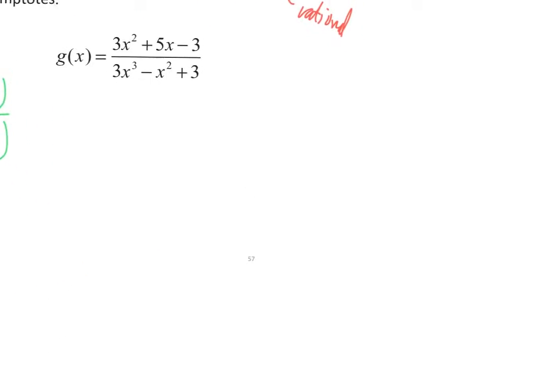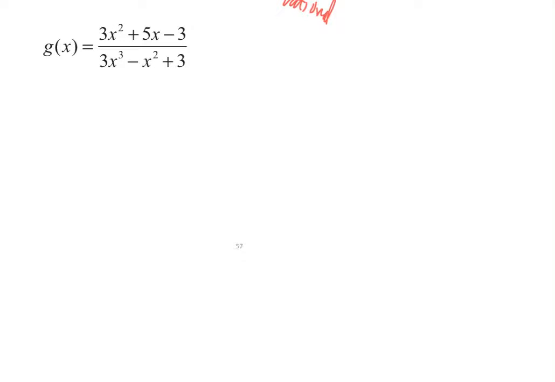What about this example? If I let x go to infinity for this function, let's see what happens. As I'm writing this down, I'm thinking about what's the highest power of x I see in the entire function.